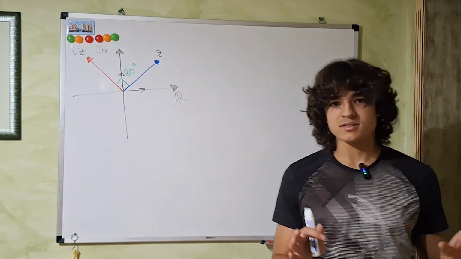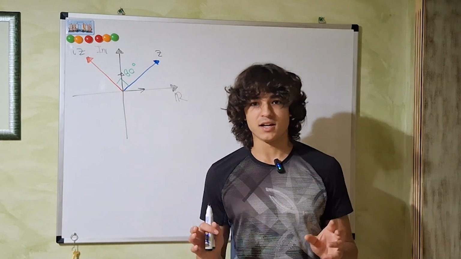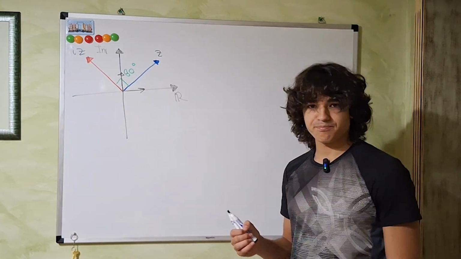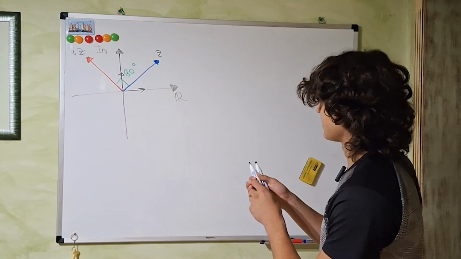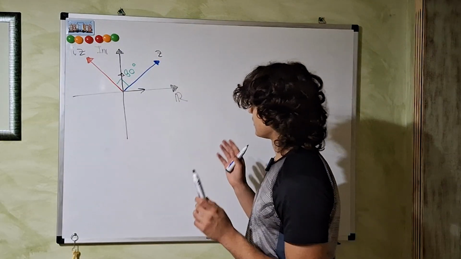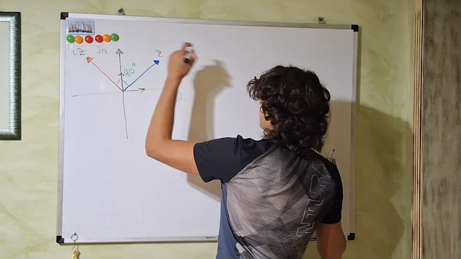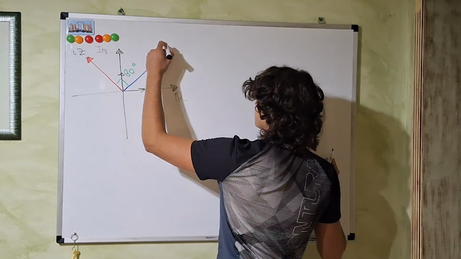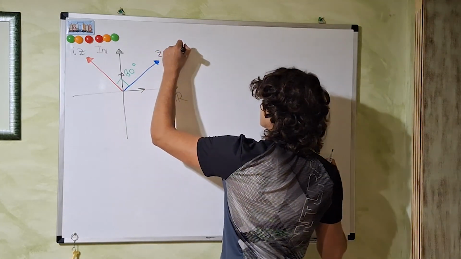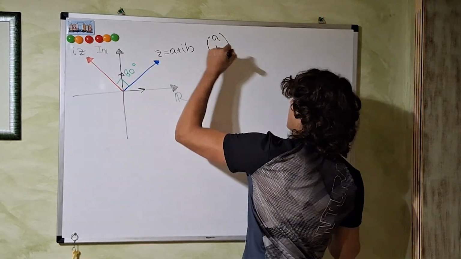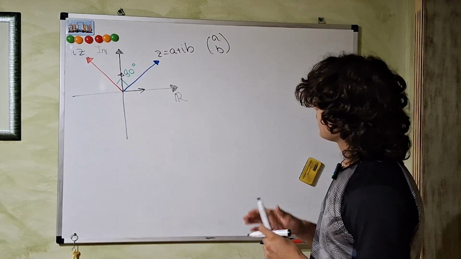So maybe we can translate this behavior into linear algebra notation, and we'll do it now. So let's start. Firstly, we can identify every complex number using a vector. So this complex number a plus ib is identified with the vector (a, b).